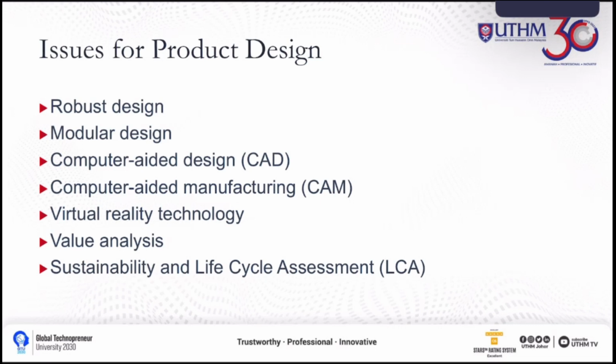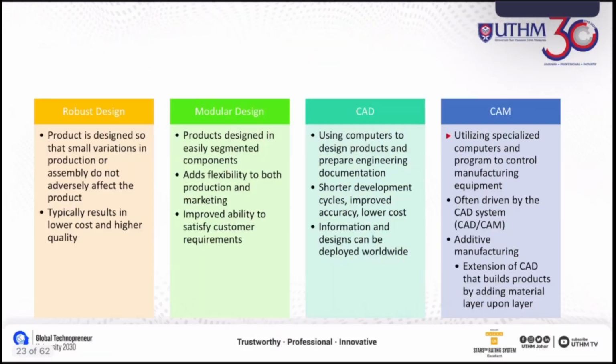So let's look into this part. Okay, so robust design. A product is designed so that small variations in production or assembly do not adversely affect the product, typically resulting in lower cost and higher quality.